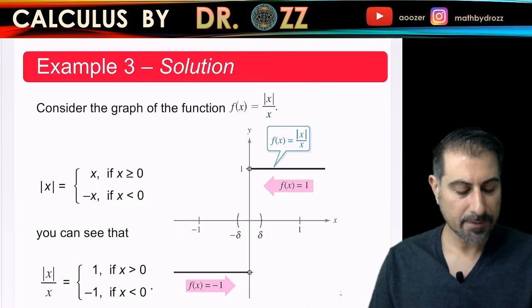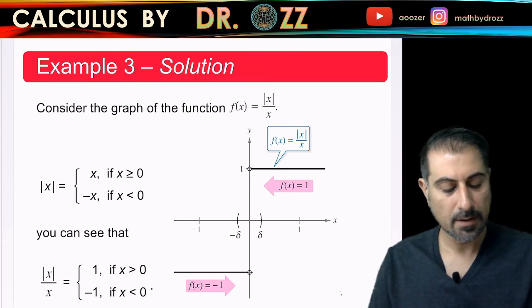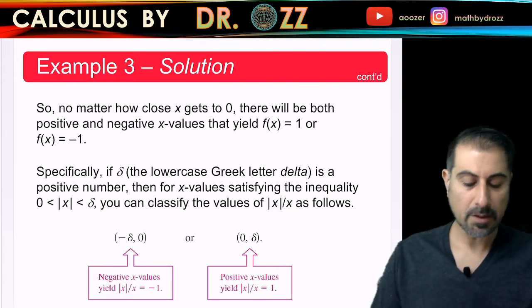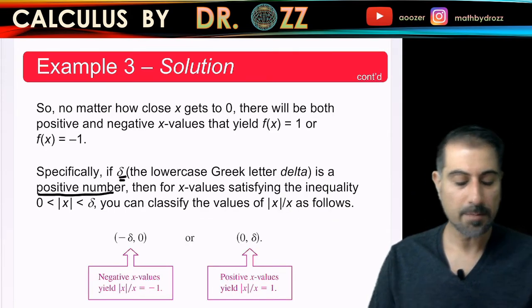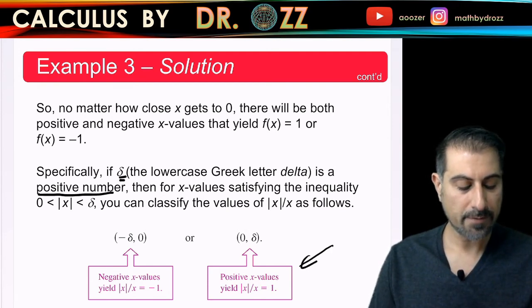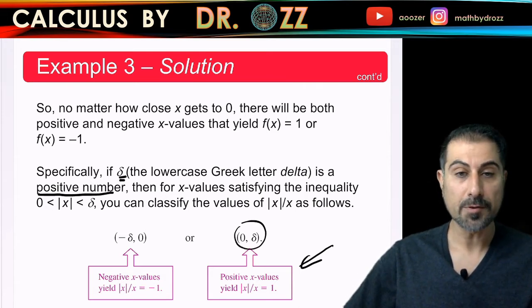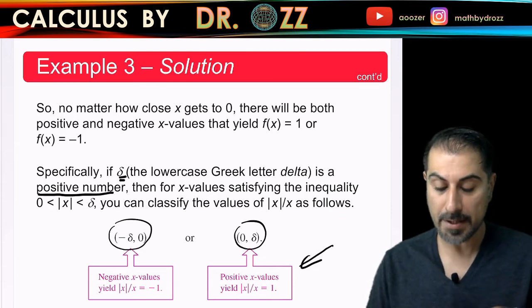So here, if I choose a neighborhood of 0, like minus delta, the Greek letter delta, and plus delta, here is our observation. If delta is a positive number, then on this interval function values approach 1, and on this interval function values approach -1.